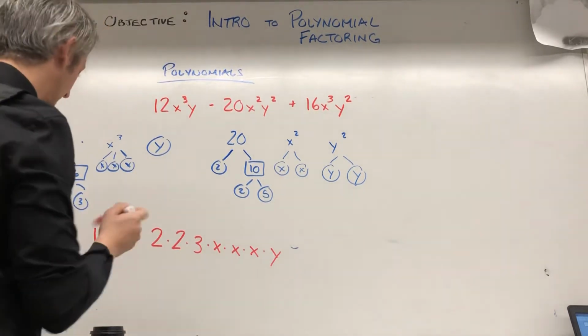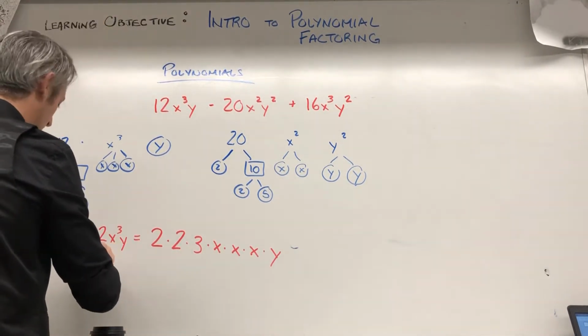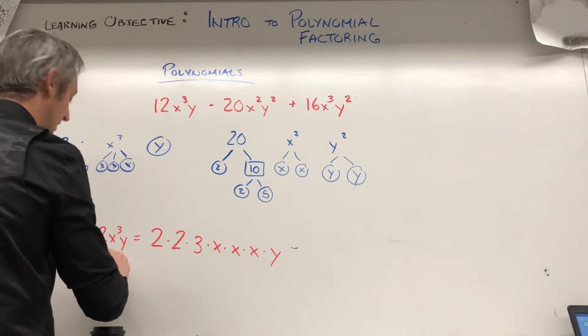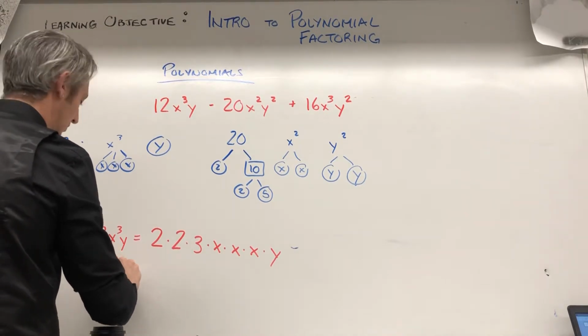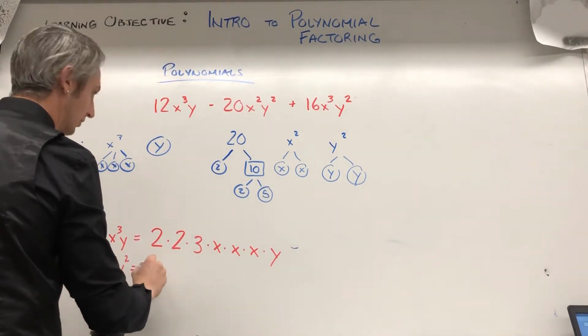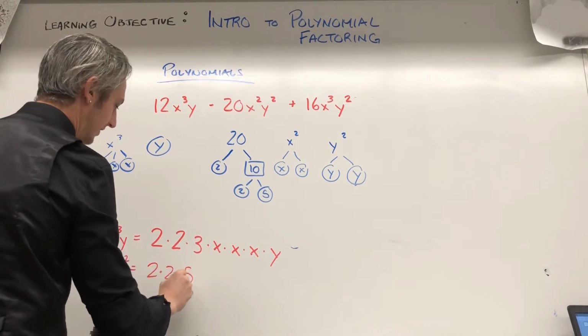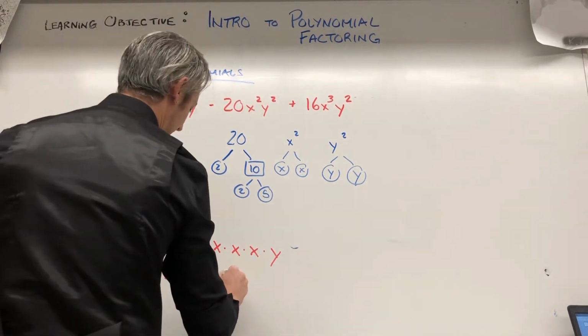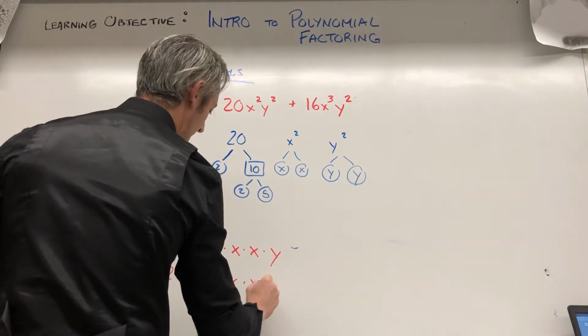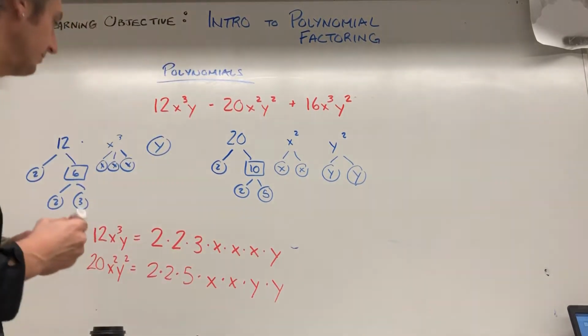So now I can write that in my factor tree here. So 20x²y² is equal to 2 times 2 times 5 times x times x times y times y.